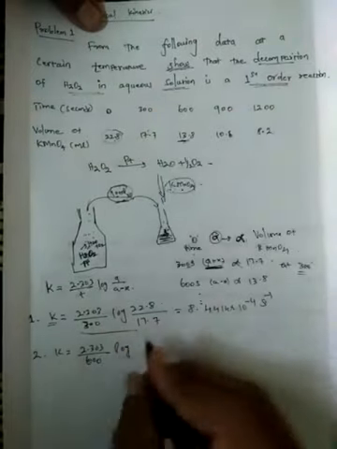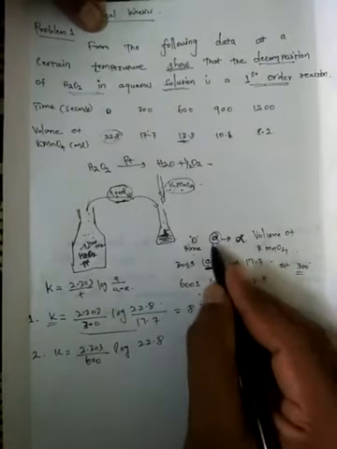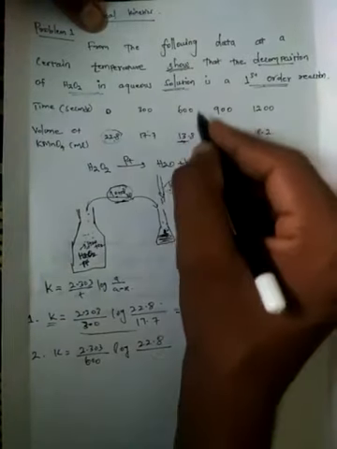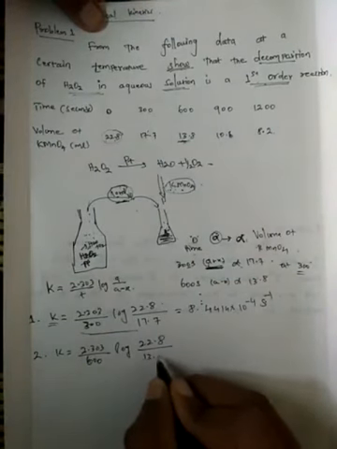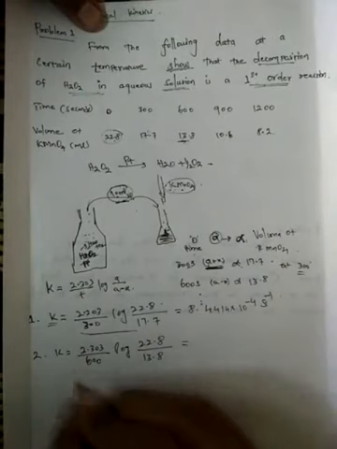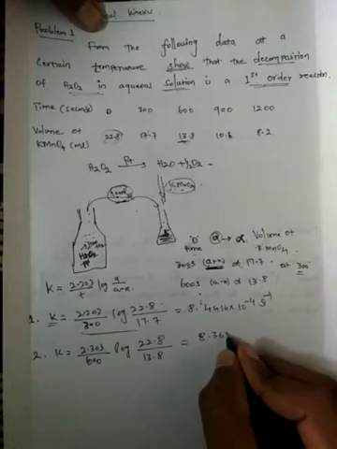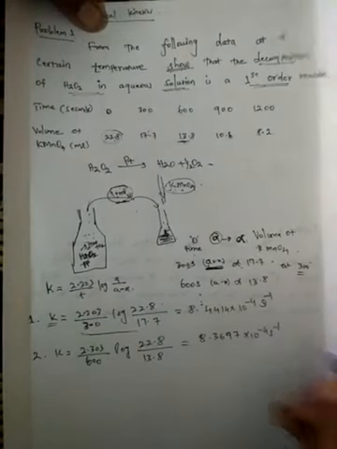The initial concentration A is 22.8, and at the 600 second the volume of KMnO4 required is 13.8 ml. Work it out, I get 8.3697 into 10 power minus 4 second inverse.